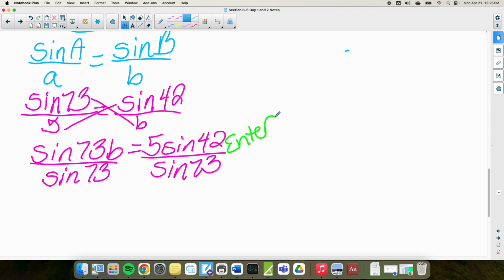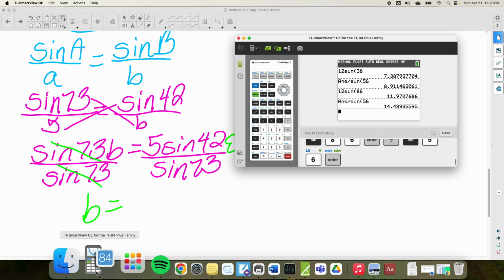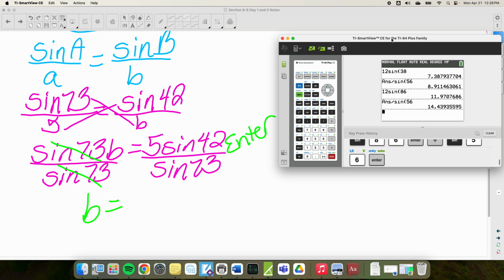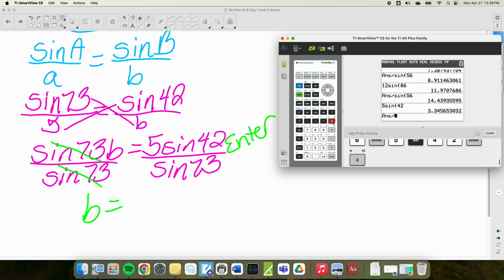So what I'm gonna do when I multiply this in, is I'm gonna type in 5 sine 42, enter, divided by sine 73. And do you guys get 3.498? The 49 would go up to 50.